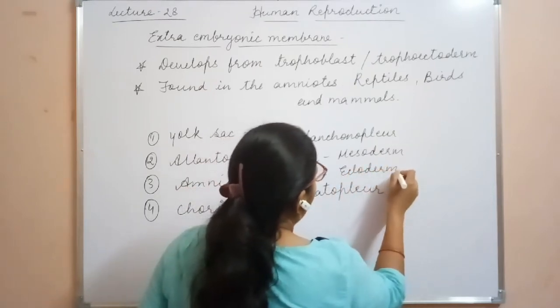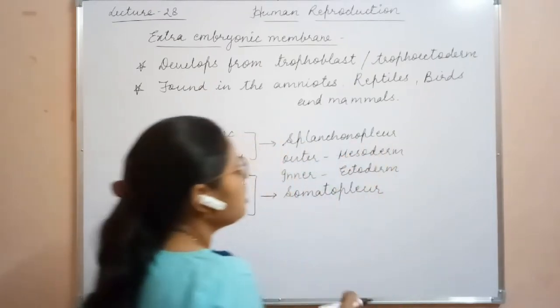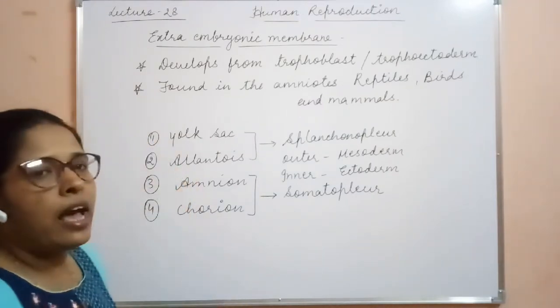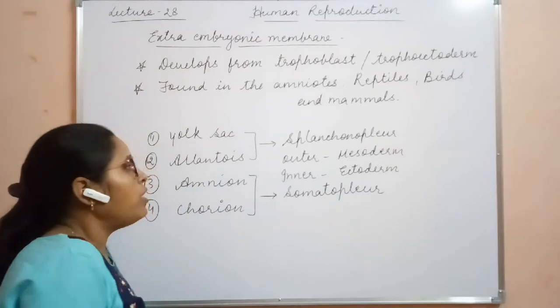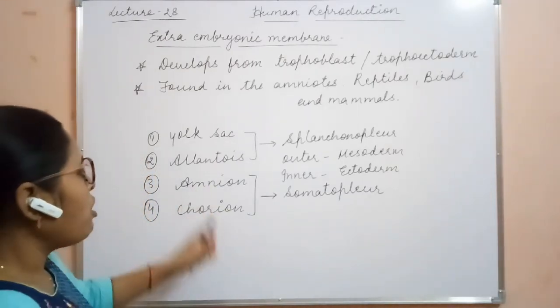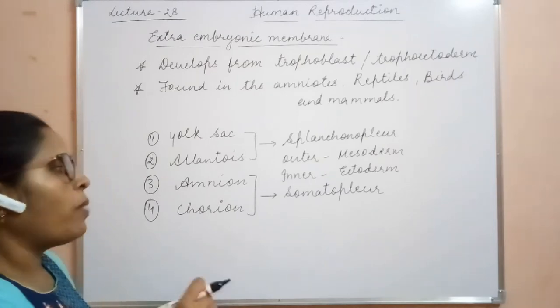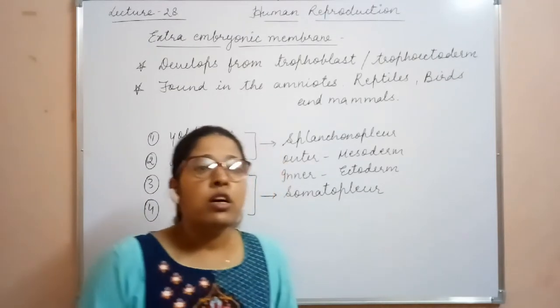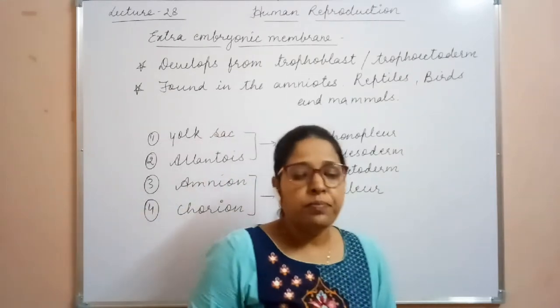This type of arrangement is called the splanchnopleure arrangement. So yolk sac and allantois are developed from splanchnopleure. In case of amnion and chorion, the somatopleure type of arrangement is there. So they are developed from somatopleure.